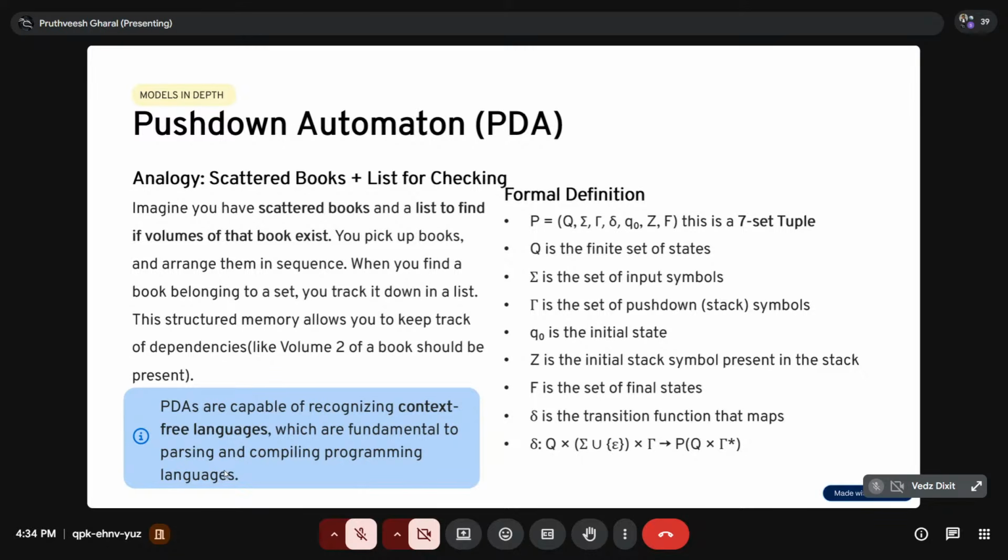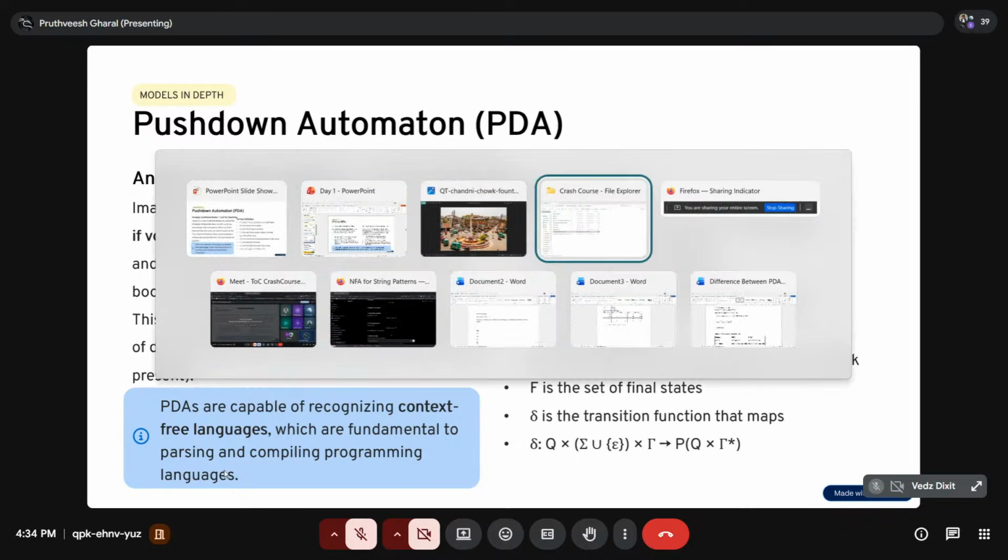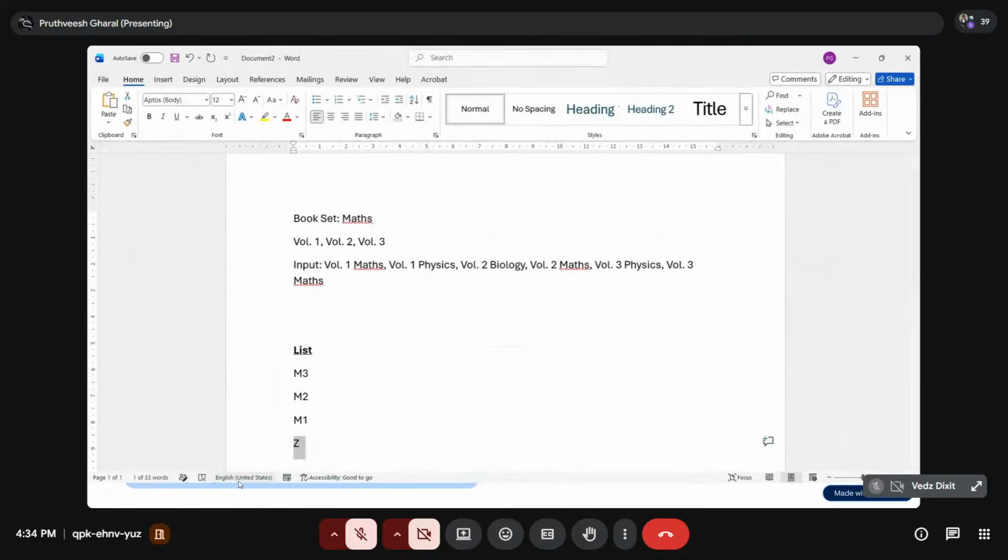Now let's understand this using an analogy. Let's say you're in a library and you have been given a book set to check. You enter the library and there are books scattered all over the tables.